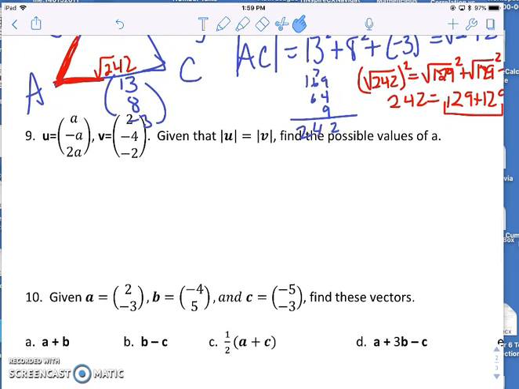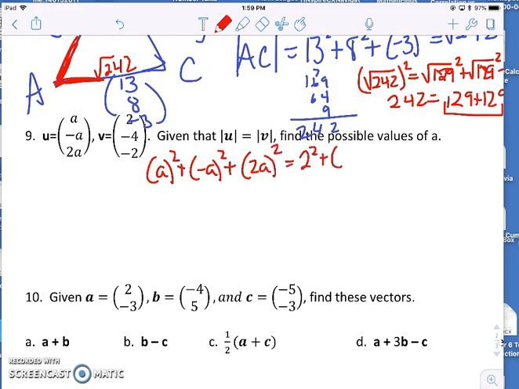So number 9, given that the magnitudes equal each other, find the possible values of a. Well, magnitudes, that is that Pythagorean theorem. So a squared plus negative a squared plus 2a squared equals 2 squared plus negative 4 squared plus negative 2 squared.